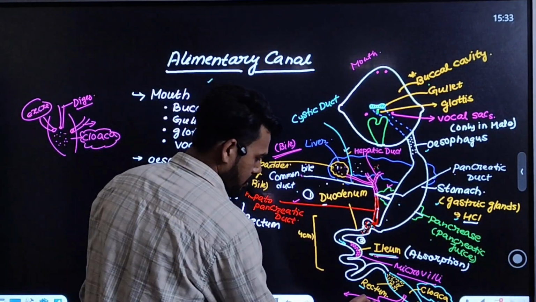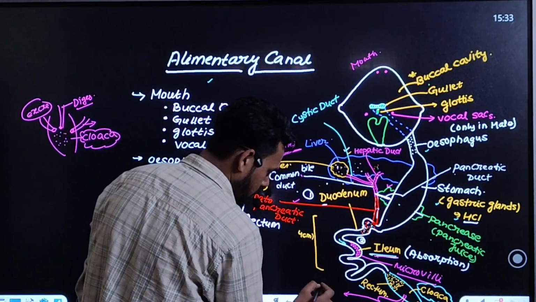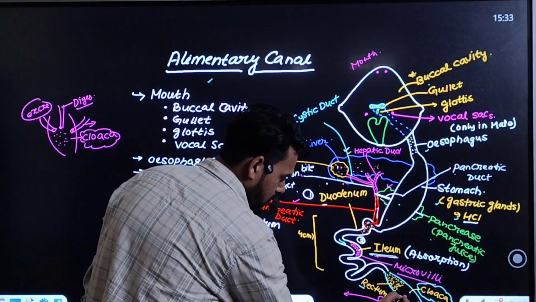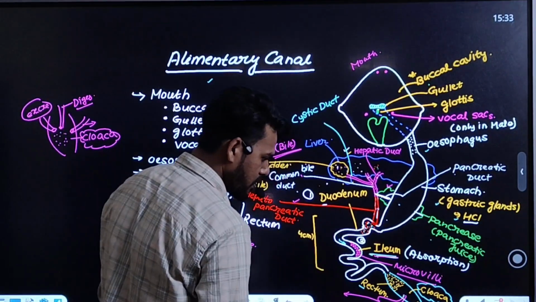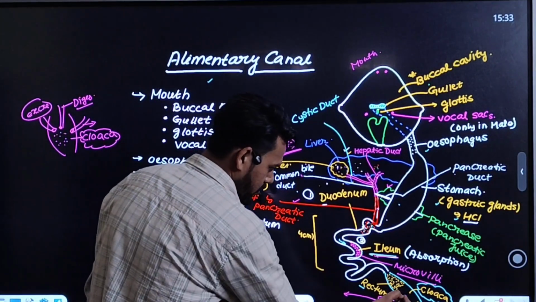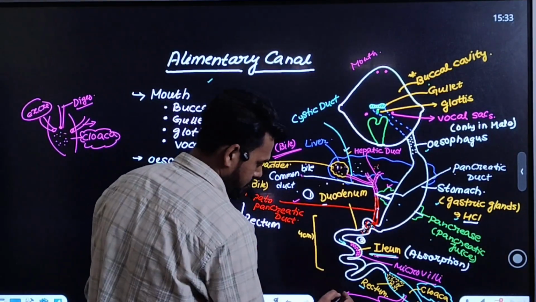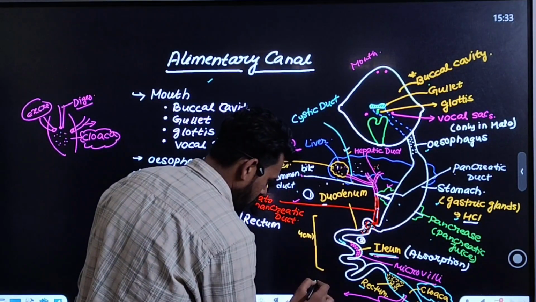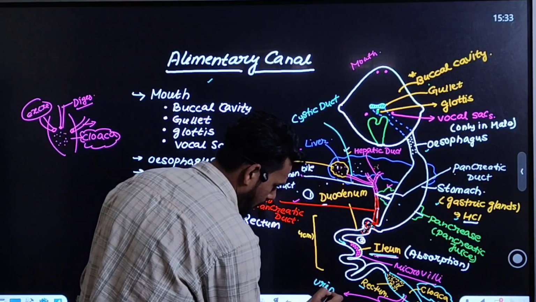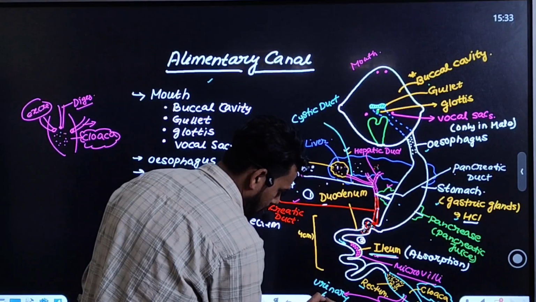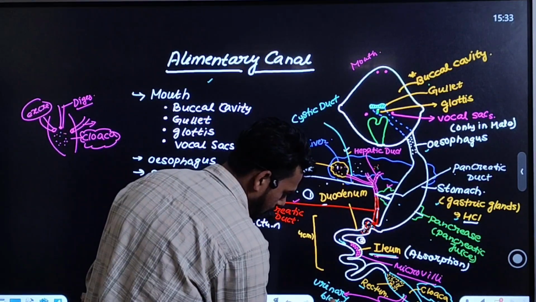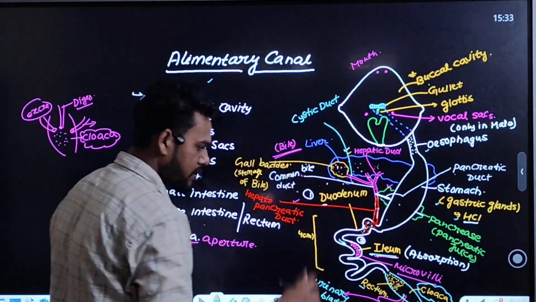This is the urinary bladder, which opens inside the cloaca.